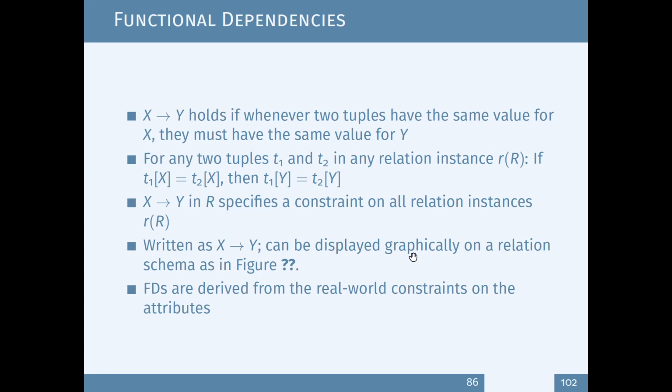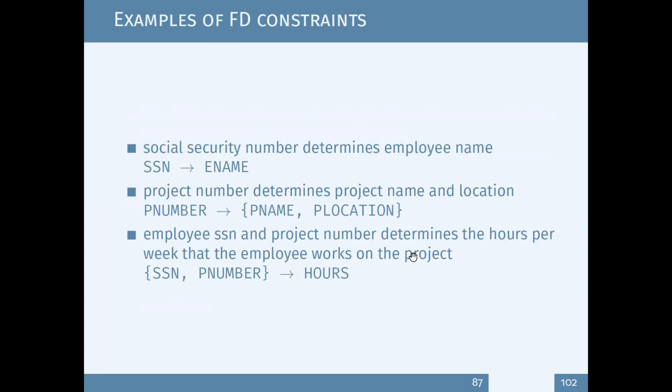Once you talk about functional dependency, let me discuss some instances. These instances come from the same company database. For example, social security number is like our identification number. Using that, you can determine the person's name. So we can say employee name can be functionally determined using social security number.